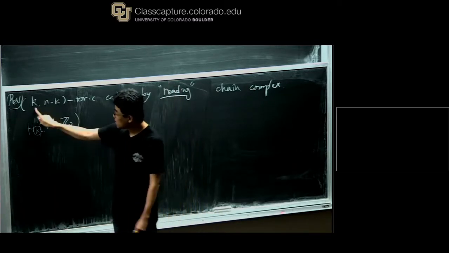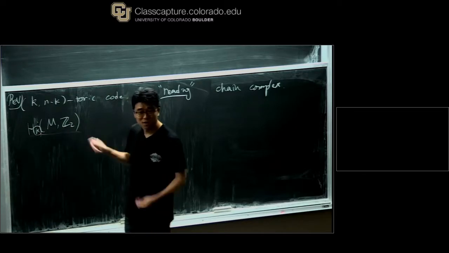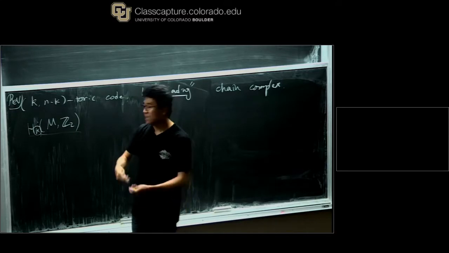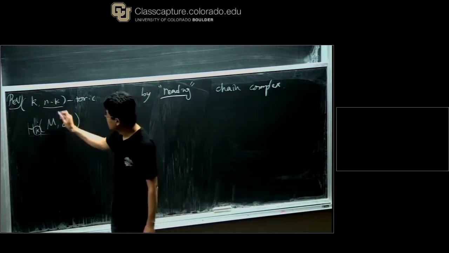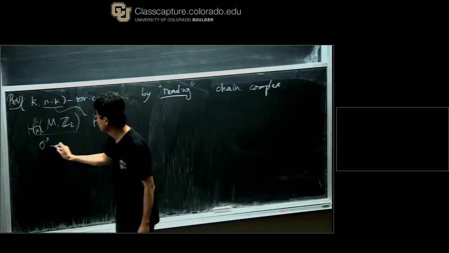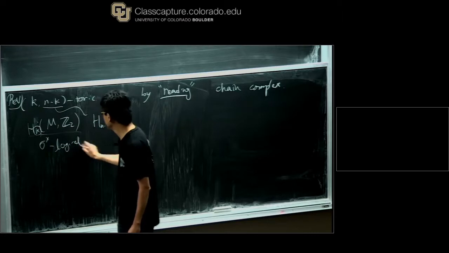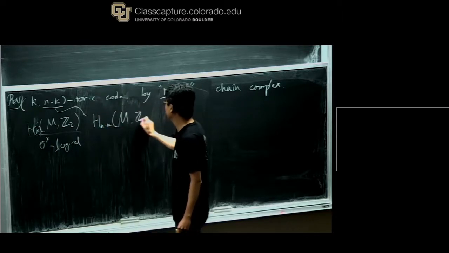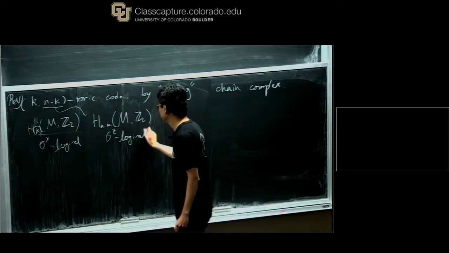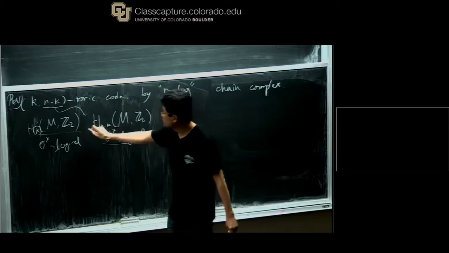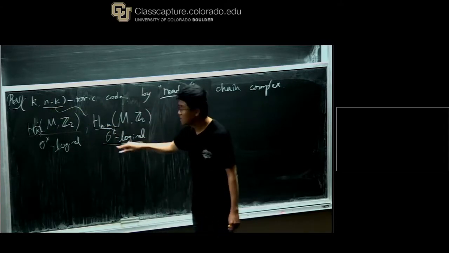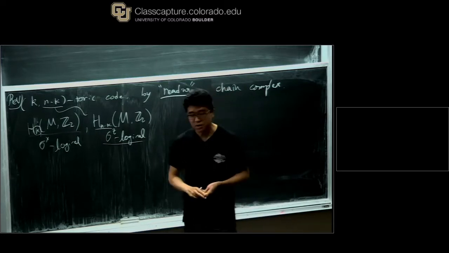And there 1 corresponds to one type of logical operator of dimension 1, but of X type. But in the other case, the second homology group given by this second number is related to the shape of the sigma z type logical operator.